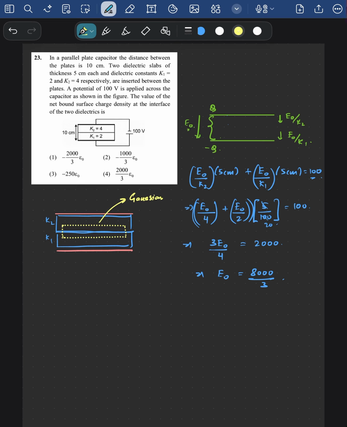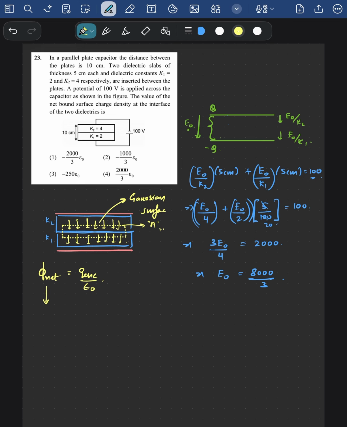Okay, so if you notice, you will have flux entering this Gaussian surface. This area also is A. Let me take this area to be A itself. I'll have field lines entering this Gaussian surface. I'll have field lines leaving this Gaussian surface as well, right? So I'll have a net flux, and that net flux should be equal to charge enclosed by epsilon naught. And this charge enclosed will basically be how much of a charge I'll have at the bound surface over here, right? So what is your net flux?